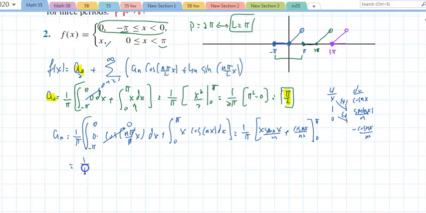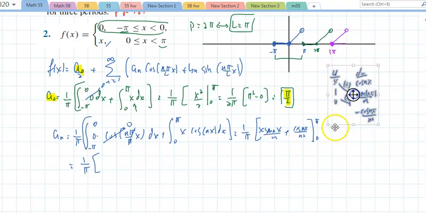That's going to equal 1 over pi times, if I throw the pi in, sine of n pi is 0. Cosine of n pi is 1, 2, you know what, let me write it down.